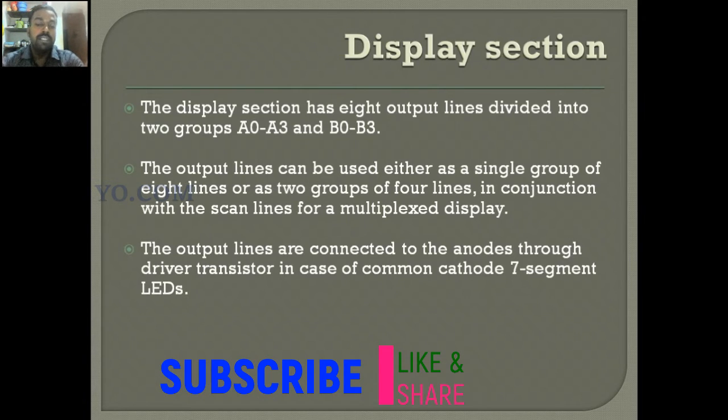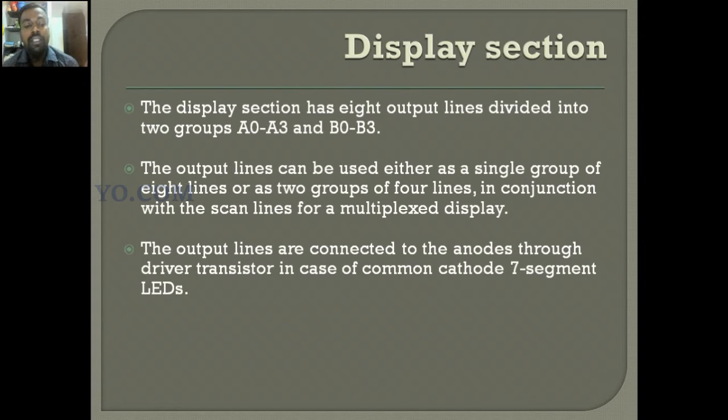Okay, so that is mainly designed for multiplexed display. The output lines are connected to the anode through driver transistors in case of common cathode 7 segment LEDs. Anode means the positive terminal of the LED. In common cathode mode, all the anodes are connected with these output lines.